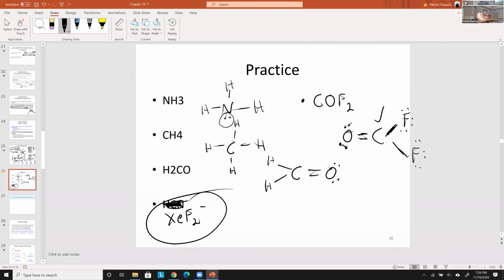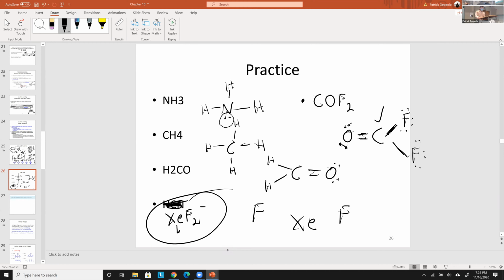Now, something like this, which is the weird exception like we went over in the previous slide, XeF2 minus. So what's going to be in the middle? What do you think? Good, Xe, because there's less of them and it makes sense. Then you're going to have fluorines on the outside. Now, in terms of electrons, you know there's going to be 1 more electron since it's a minus charge.